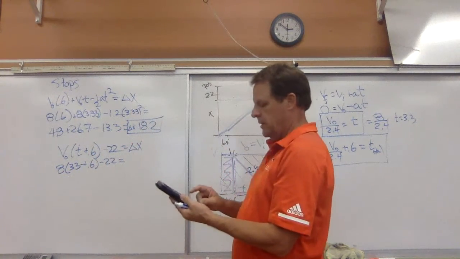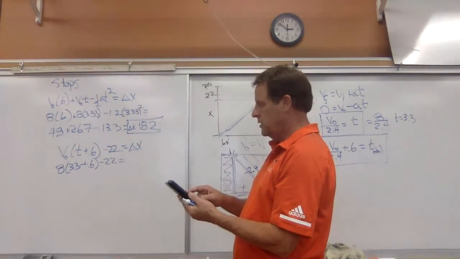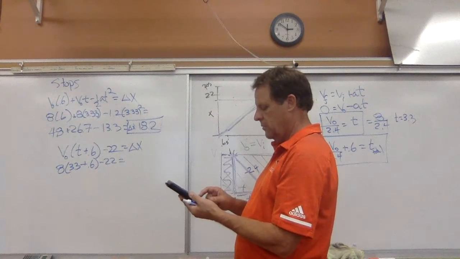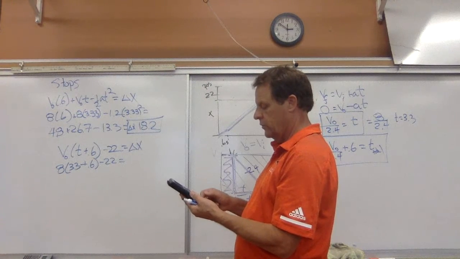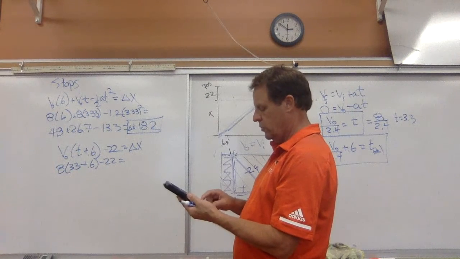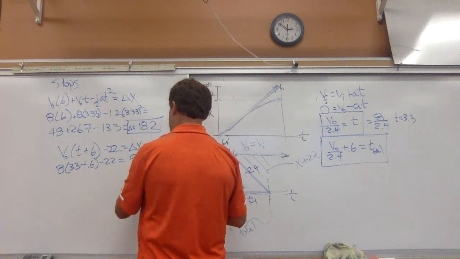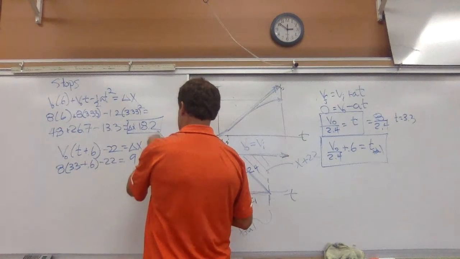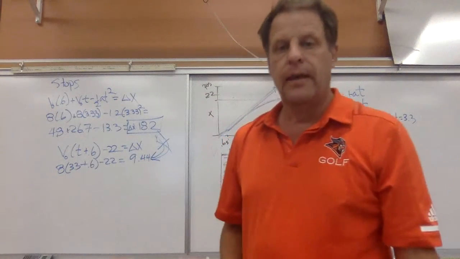So we're going to say 8 times the quantity of 3.33 plus 0.6 equals 31.44, minus 22, and that gives us 9.44, which is not the same.